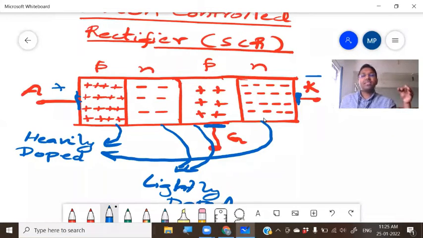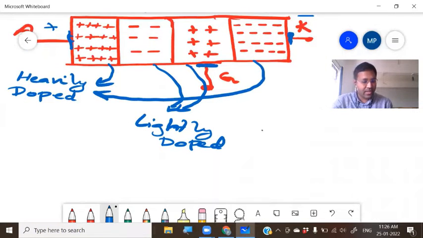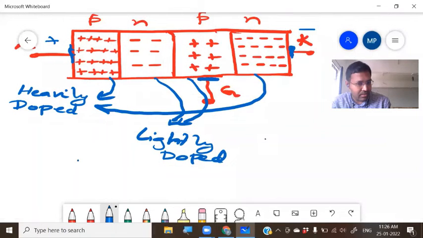When the device is forward biased, the current through the device not only depends on the anode cathode voltage, but it also depends on the gate current. In simple words, the gate current determines when the device is on. Hence this device is known as current operated device.